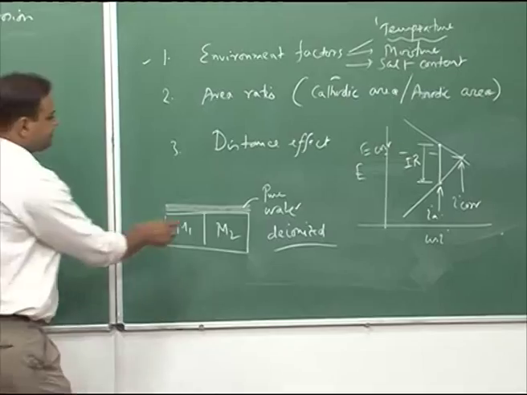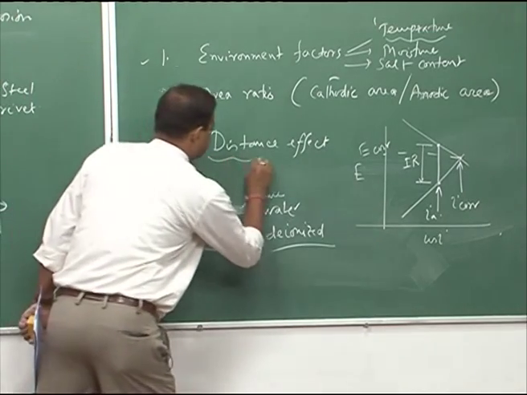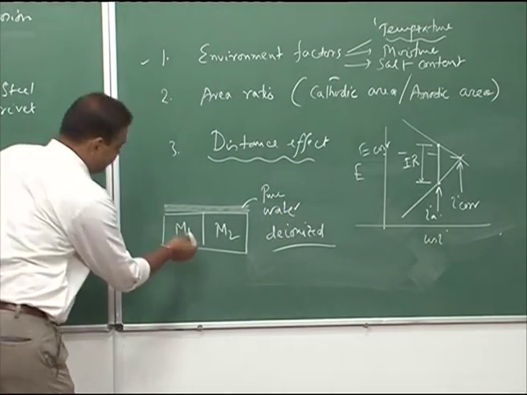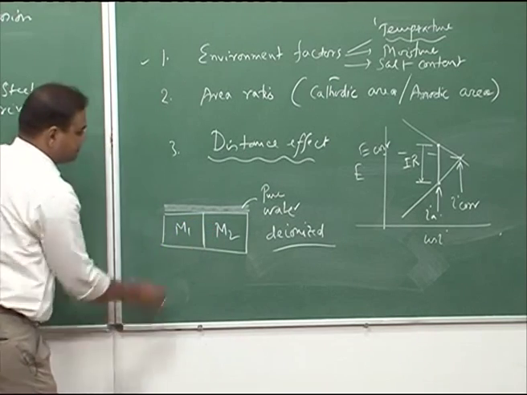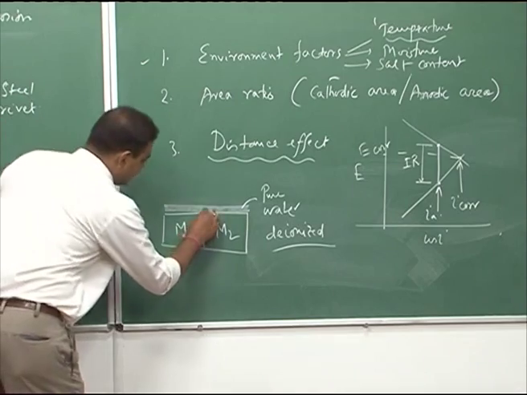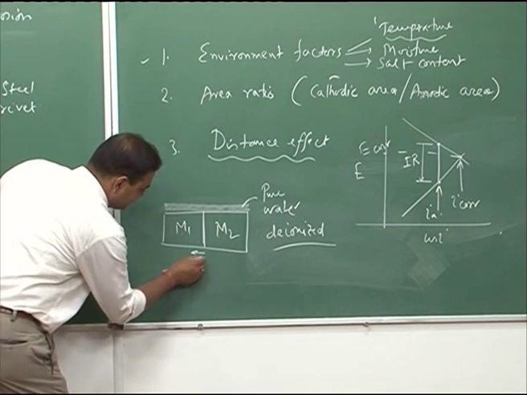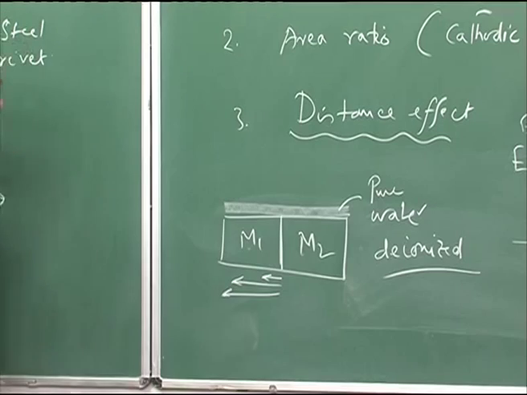Now, in this case another situation can arise, that is the distance effect. Let us say this is the contact point between the M1 and M2 metals. The galvanic couple, the actual coupling, is here. Now, as you go away from this, what happens? The ions have to move a longer distance.